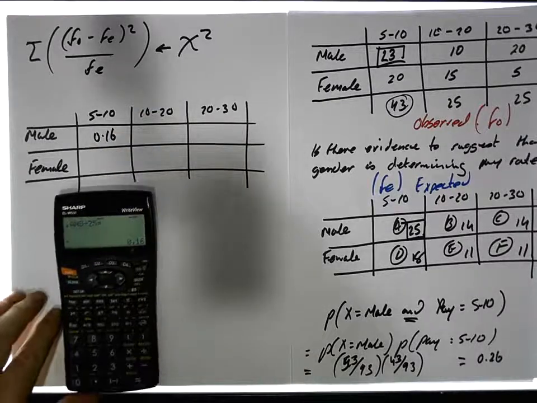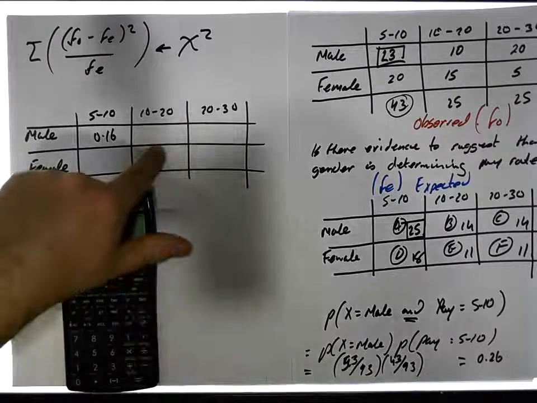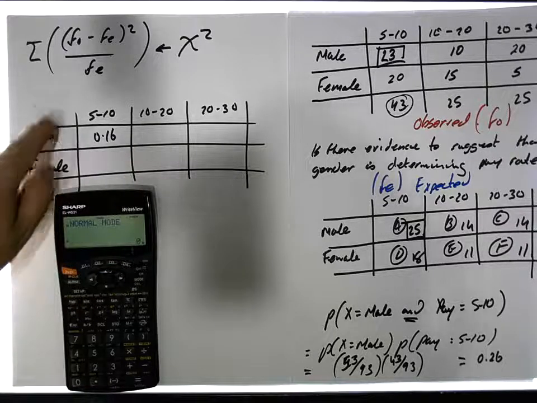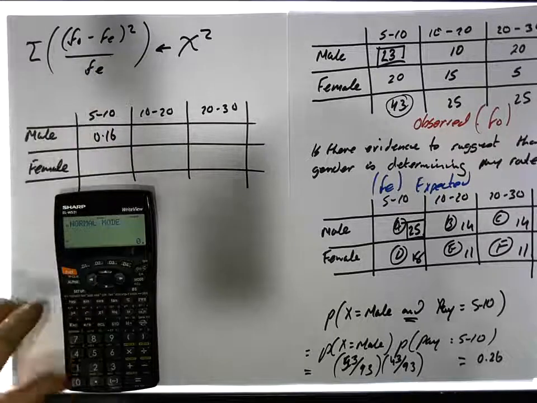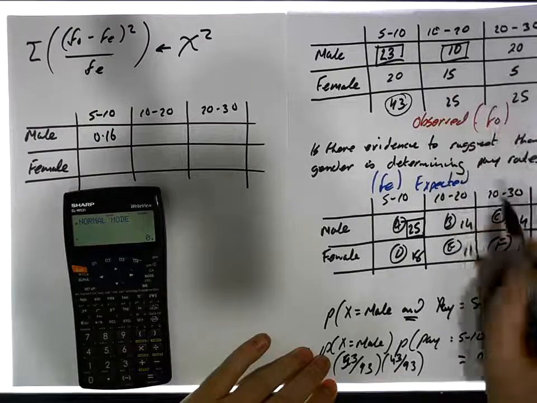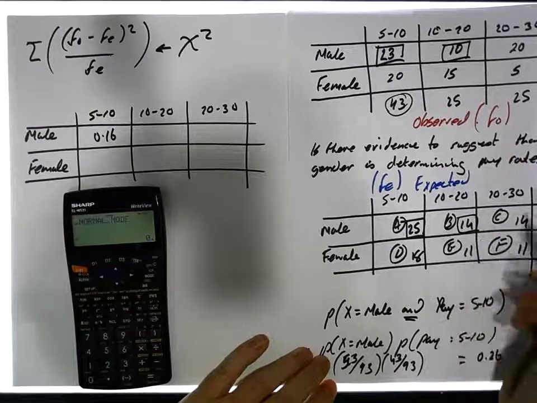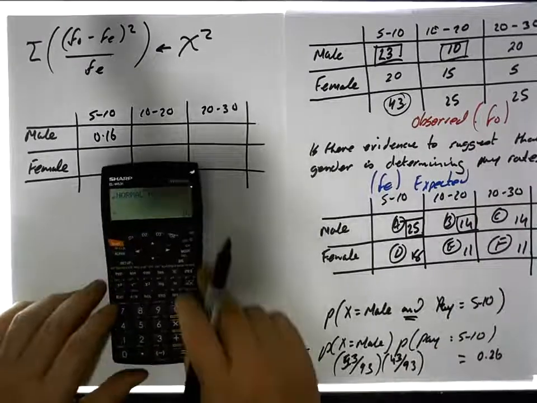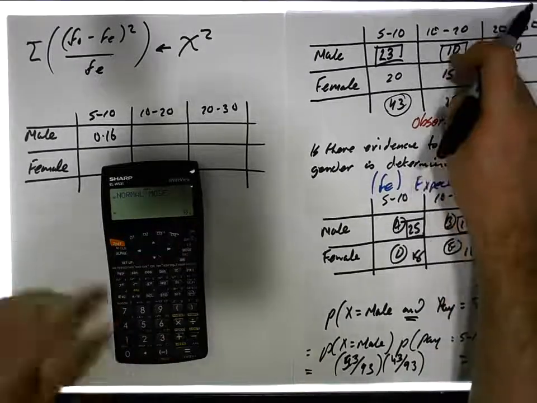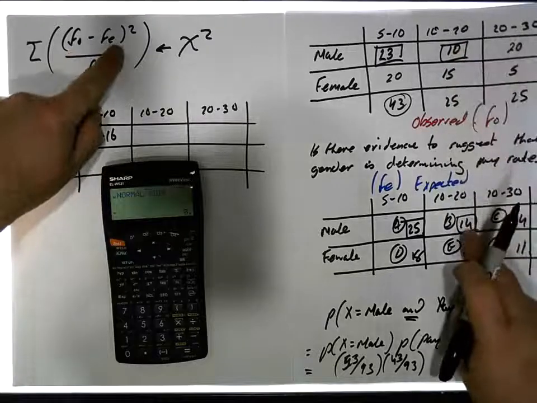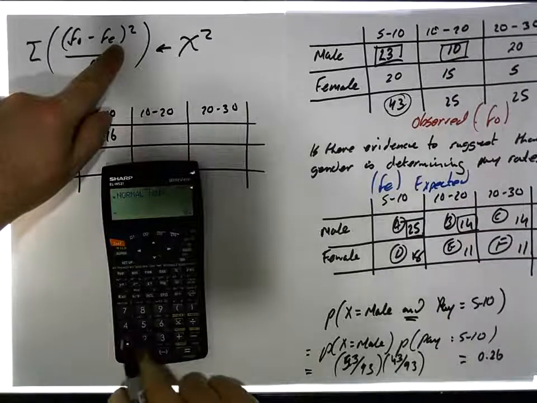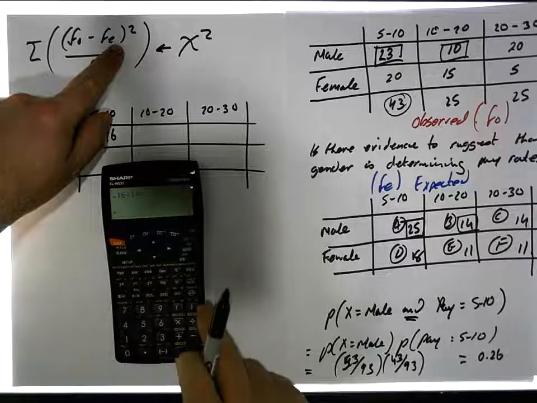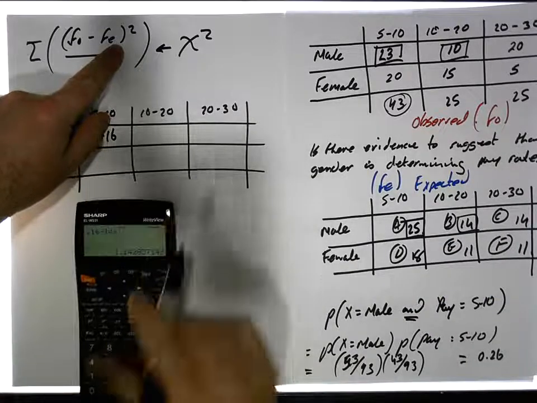What about in here? What would we expect to happen under independence? Well, we have observed minus expected squared divided by the expected. So it's 10 minus 14, which gives us minus 4. Minus 4 squared is 16, divided by the expected, which is 14. And 16 divided by 14 is equal to 1.14.